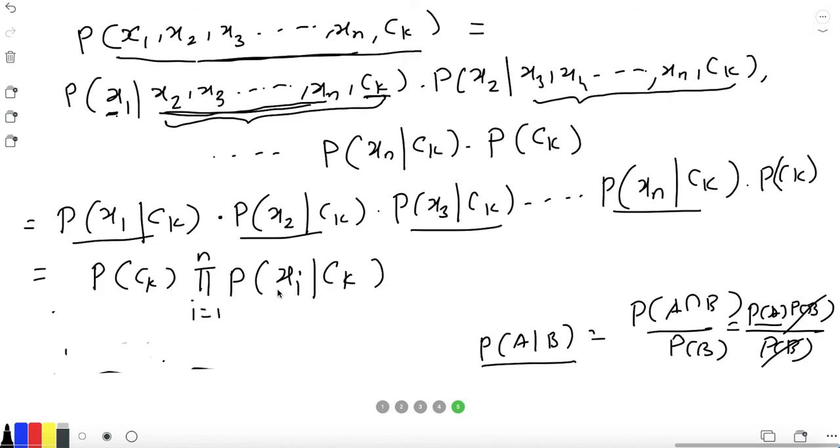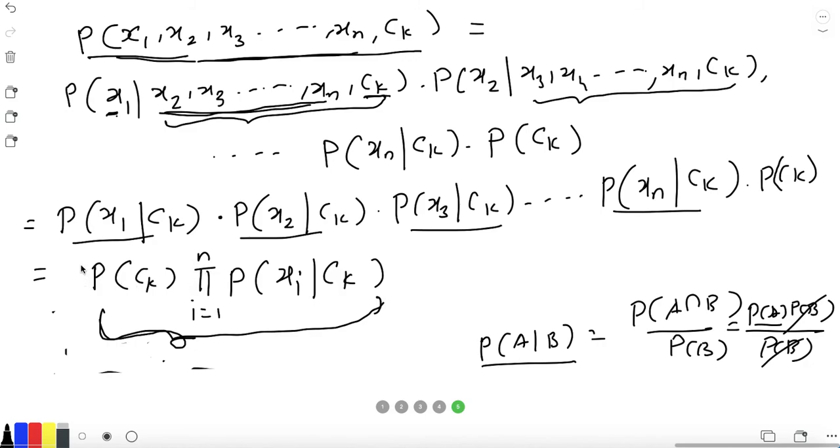So when i is 1, it will be x1 given Ck, i is 2, x2 given Ck, so a product. That's what we will be solving, right? We'll be doing this for each class C1, C2, C3 up to Ck, and for whichever class this term is maximum, the data point x will belong to that class. That is how we find it in the naive Bayes classifier.